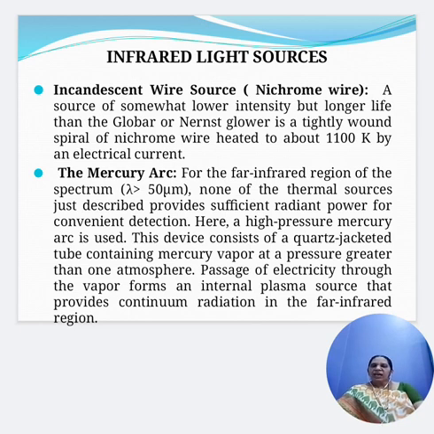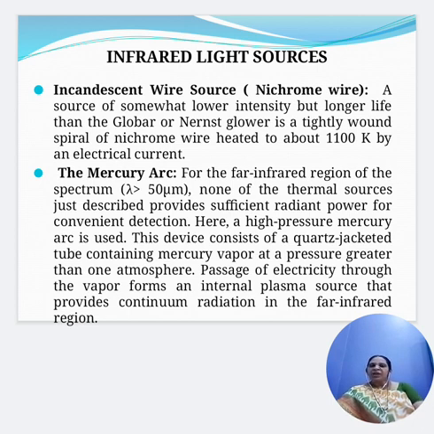There is one more type of infrared light source called the mercury arc source. For the far infrared region we use this mercury arc source. None of the thermal sources which we have discussed earlier, like the Globar, the Nernst or the incandescent wire sources, produce sufficient radiant power for convenient detection of the radiation.